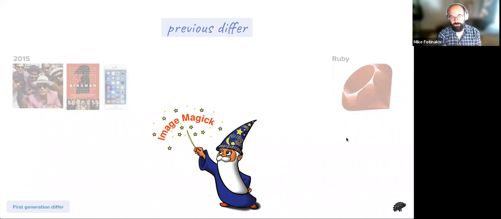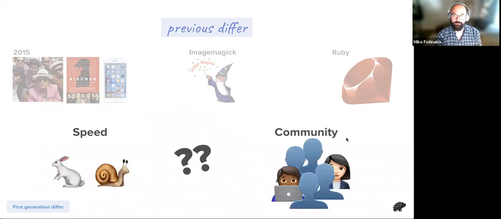It worked pretty well for us for a long time. We were able to get done what we needed to do for image comparisons. But we realized that we needed more power and more customizability over time, and we knew that we could do better in terms of speed.